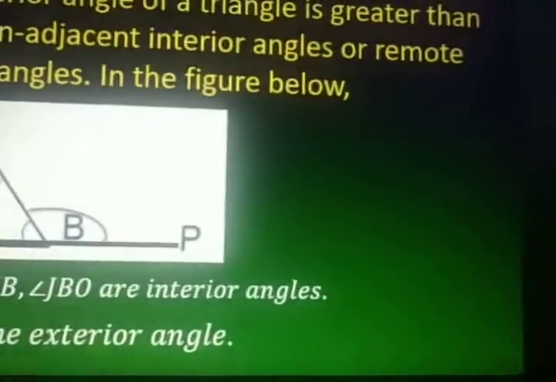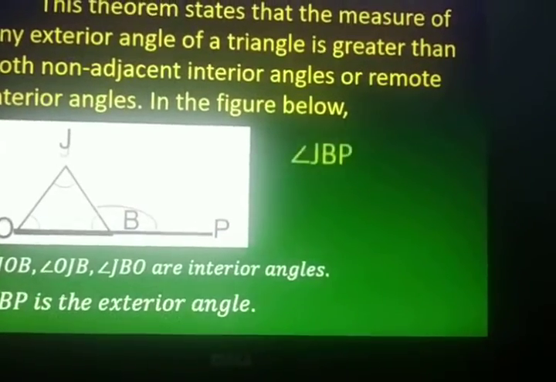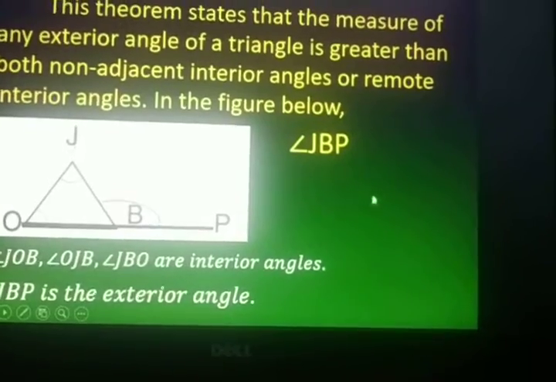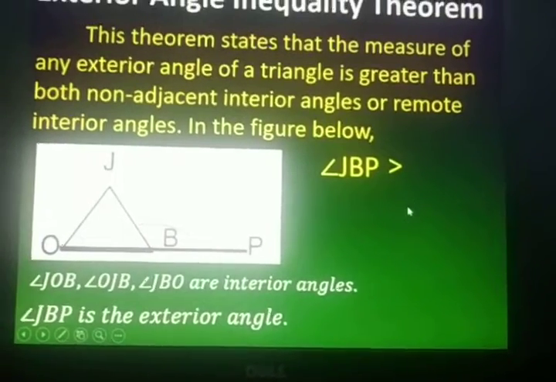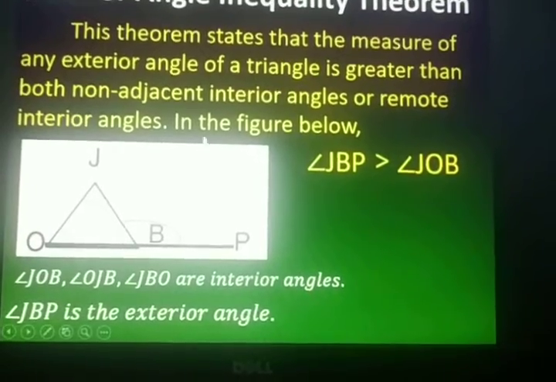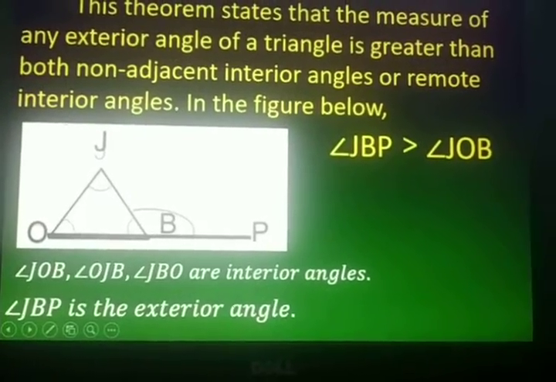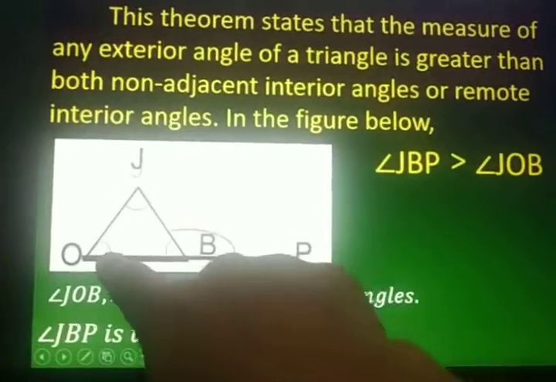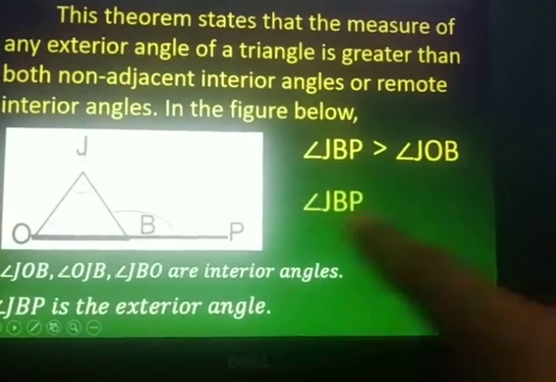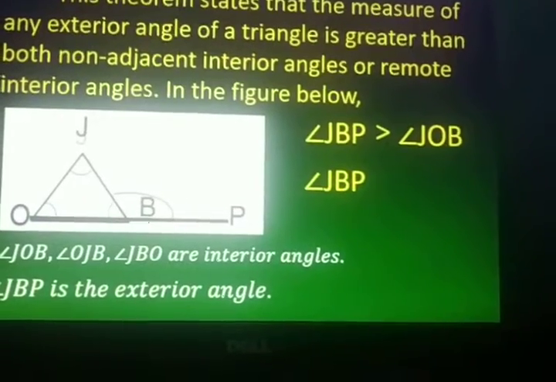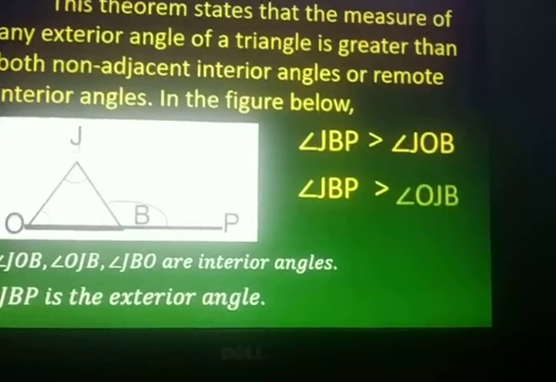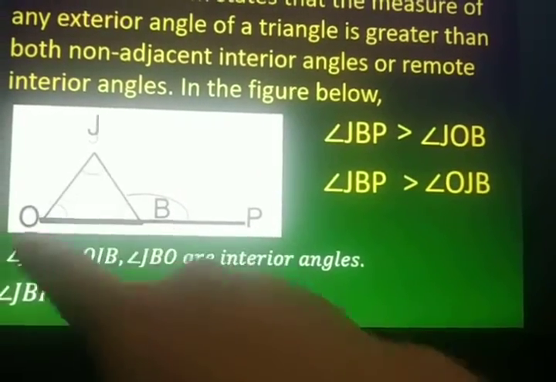So, in mathematics, we will state that as angle JBP, referring to our exterior angle, is always greater than angle JOB, which is this. Okay? And then, also, our exterior angle, angle JBP, is also greater than angle OJB, here.